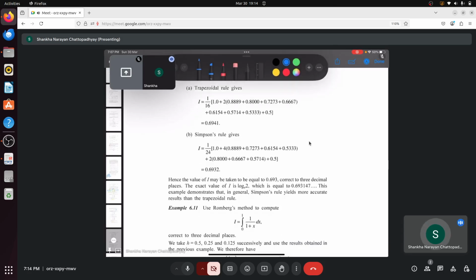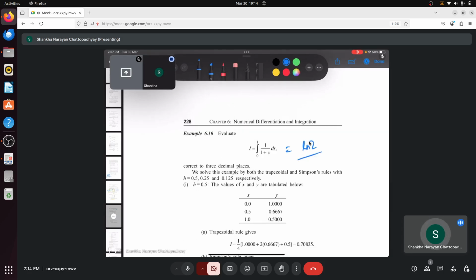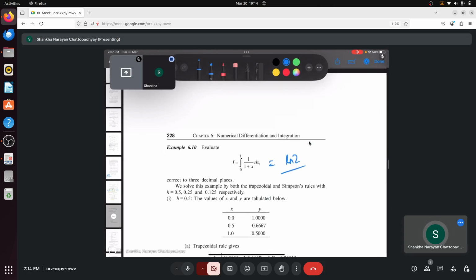I have already uploaded the PDF. You can note down this problem: integration 0 to 1 of 1 by 1 plus x dx, correct to 3 decimal places, and solve this example by both the trapezoidal and Simpson rules with h equal to 0.5, 0.25 and 0.125 respectively. I hope you can easily calculate that.